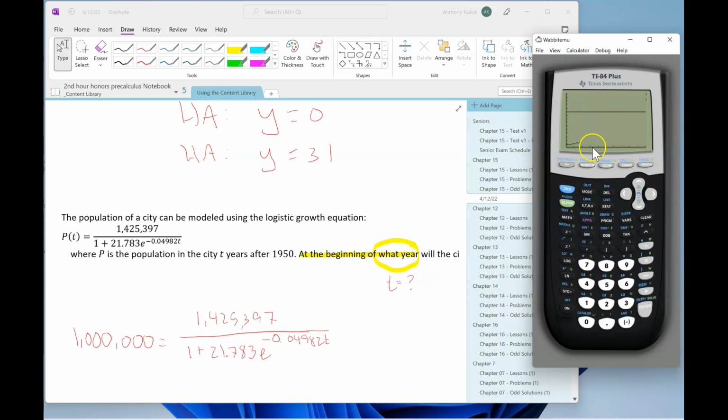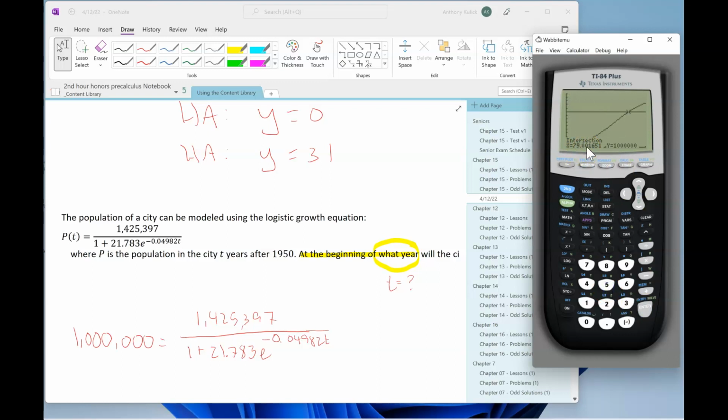So here's my 1 million line. Here's my logistic function. I just barely got in there. But I did it. Second, trace, intersect command, enter, enter, enter.